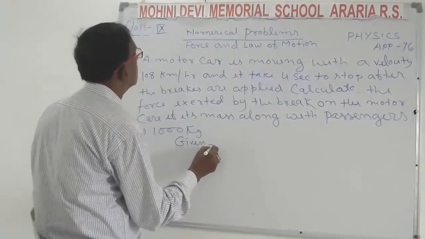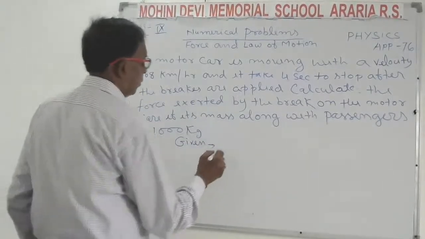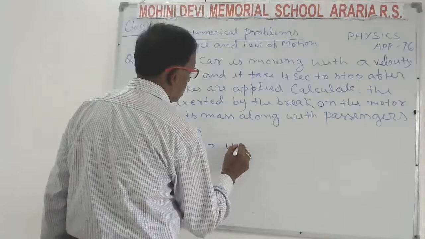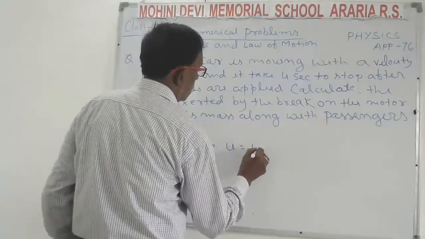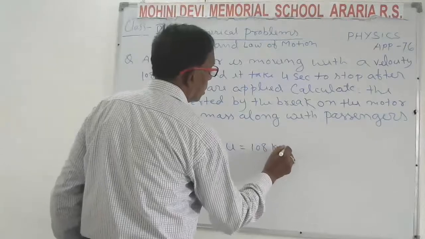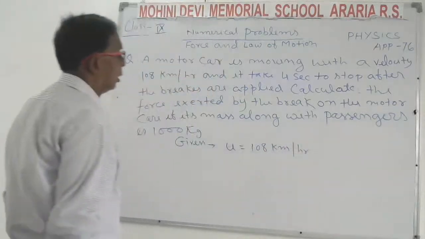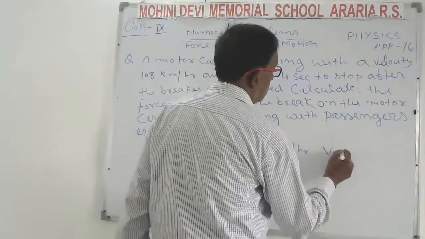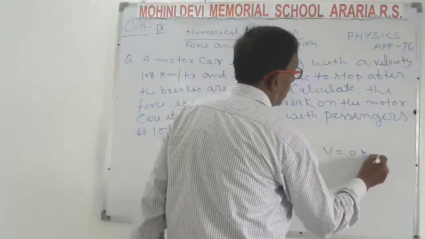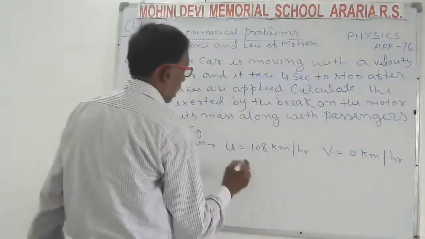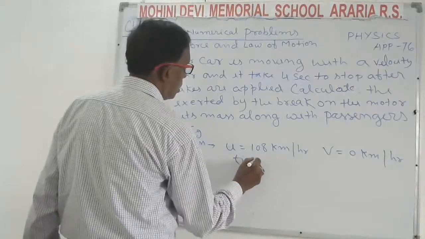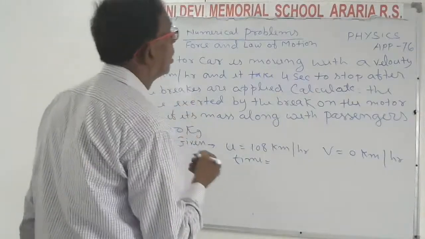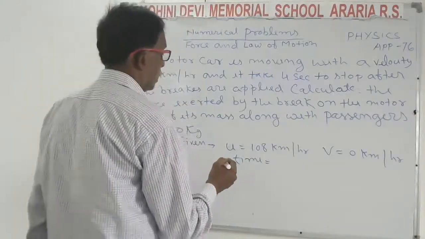At first, the speed: u is equal to 108 kilometers per hour. This is the initial speed, and v is 0 kilometers per hour after applying the brake, and the time is 4 seconds.